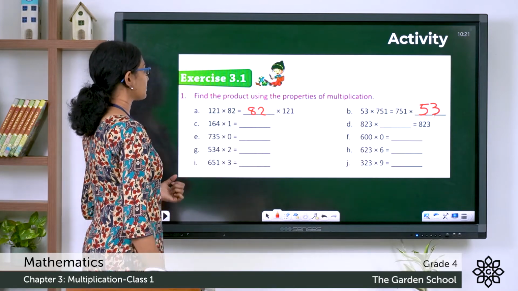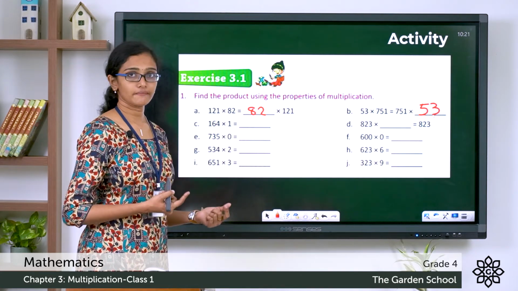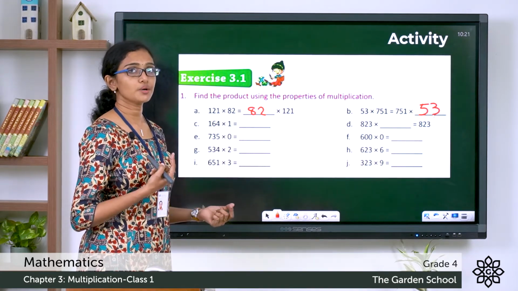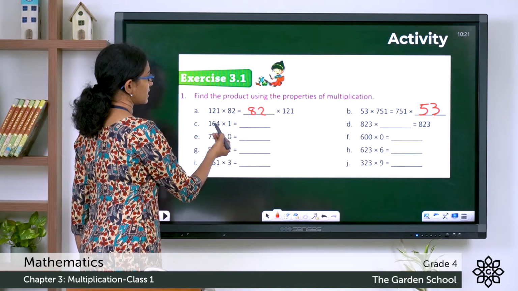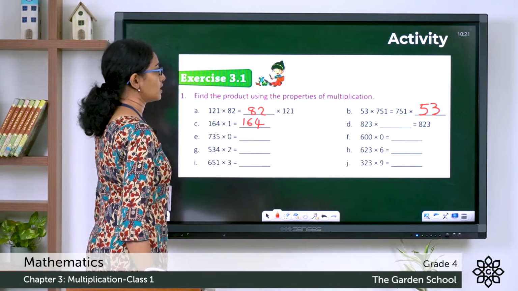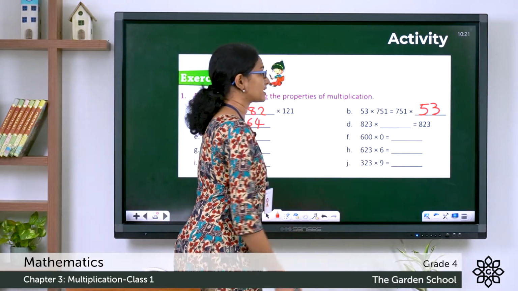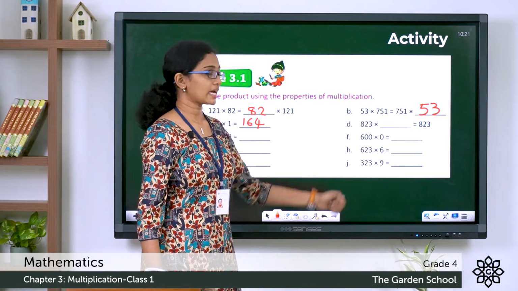So question C, we know any number multiplied by 1 gives the number itself as the product. So from that property, we can write here the answer as 164 into 1 equals 164 itself. And the same property applies here. 823 into dash equal to 823.